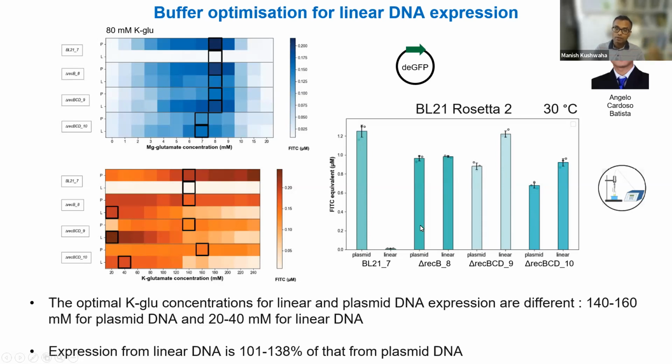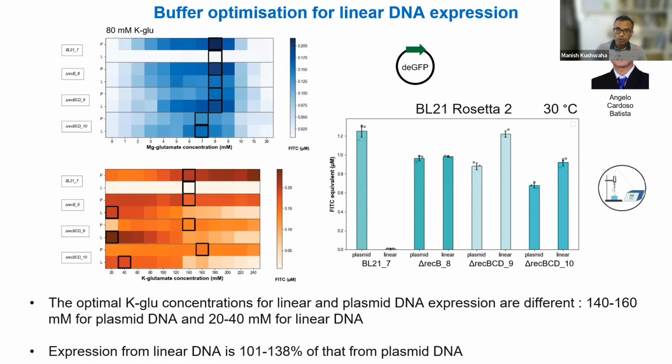And in this case, the plasmid DNA data comes from the buffer that has been optimized for plasmid DNA. So it's not like we're seeing these differences because we put it in the wrong buffer. So we stuck with the optimal buffer for the plasmid DNA, and the optimal buffer for the linear DNA. And when you compare that, you can see that linear DNA gives very similar levels of expression, even higher sometimes than plasmid DNA.